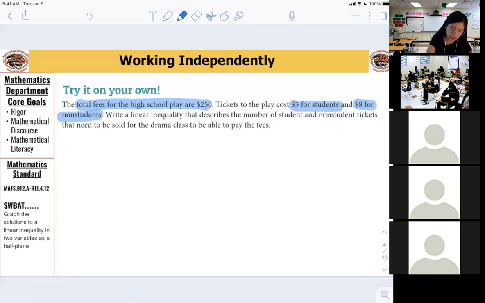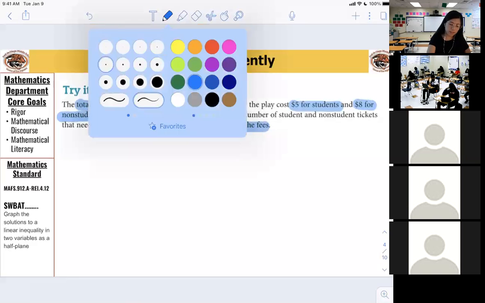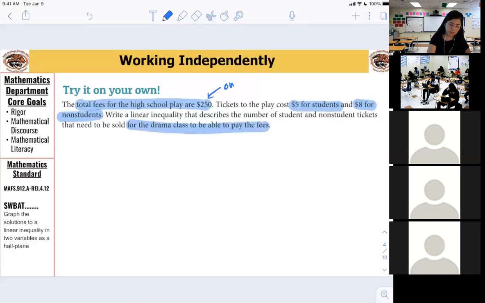Write a linear inequality that describes the number of students and non-student tickets that need to be sold for the drama class to be able to pay the fees. So here's the situation. The drama club owes 250. They're in debt. In order to pay that money, they're going to raise it by selling tickets.